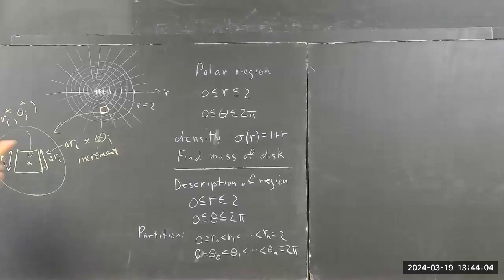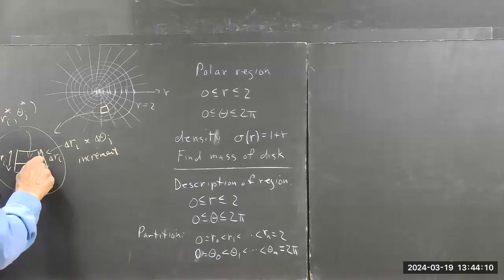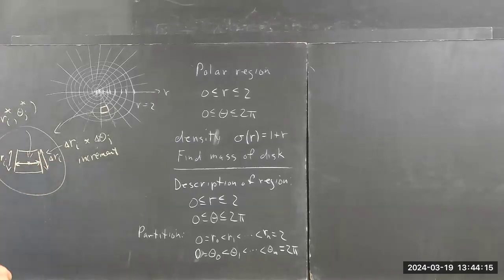How wide is it? Well, we measure its width here. So what can you tell me about the width at this point, Ri star theta J star, in terms of a delta theta and a delta R?